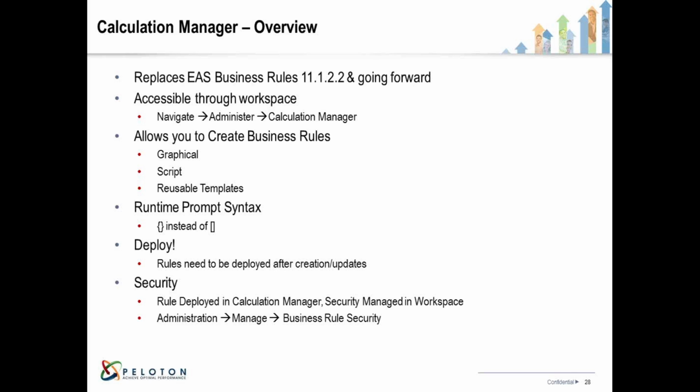You can also use the default script view that many of you are used to when creating the business rules in EAS or creating an Essbase calculation script. And it also allows you to create reusable templates so that you can create generic and dynamic code and reuse it between multiple business rules.